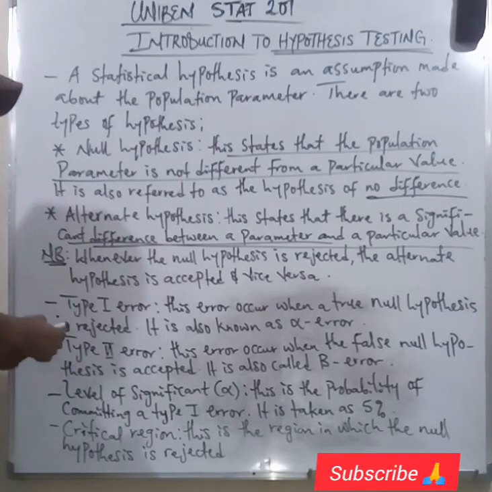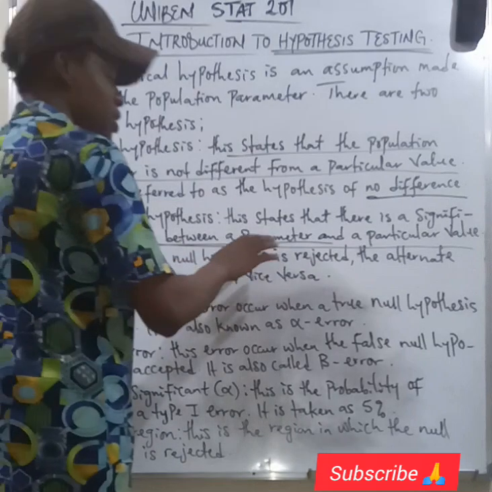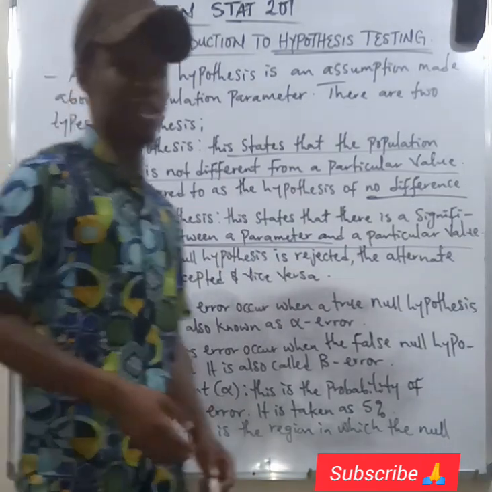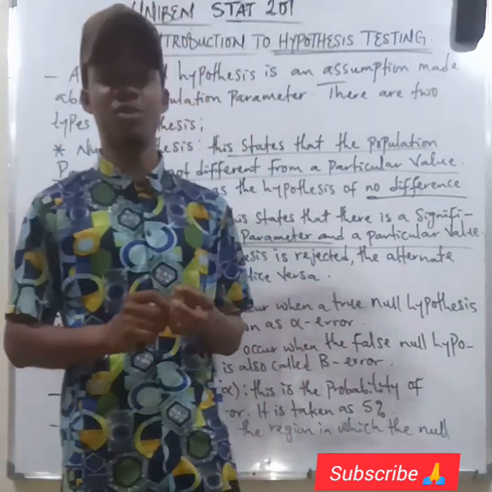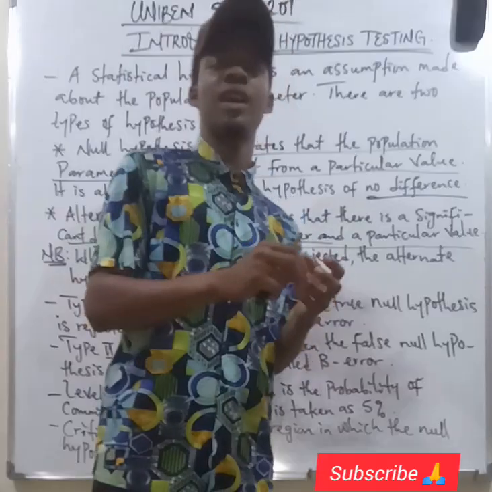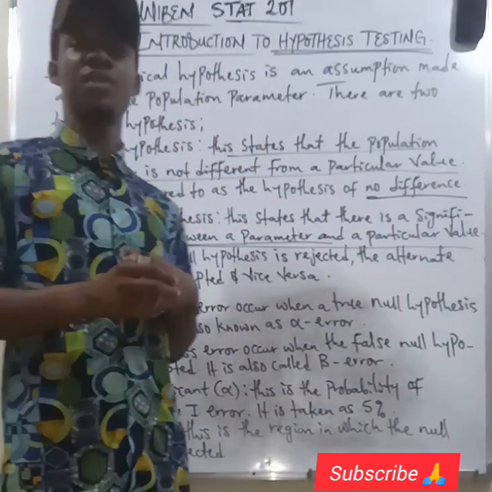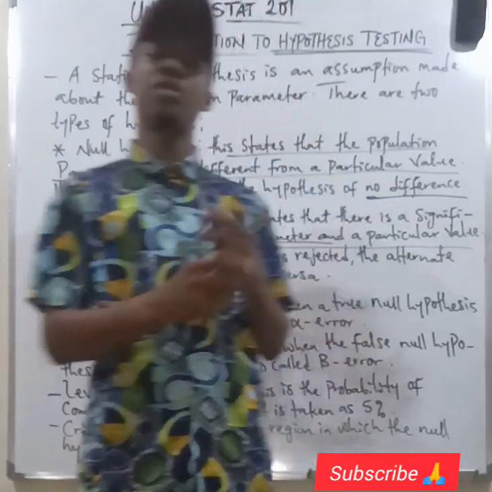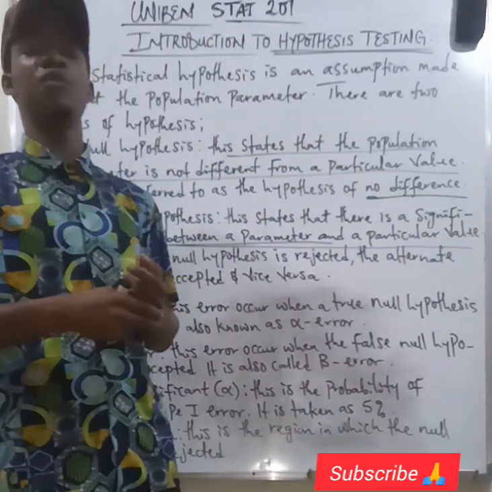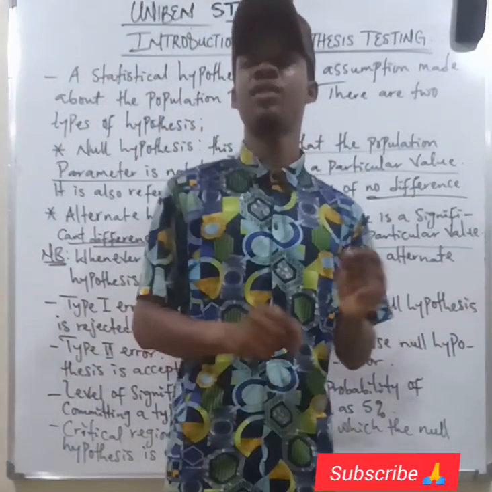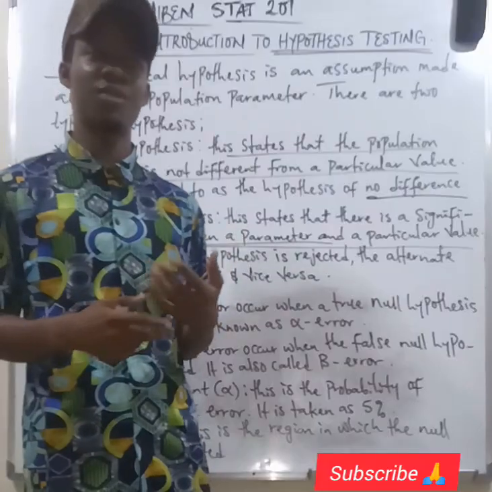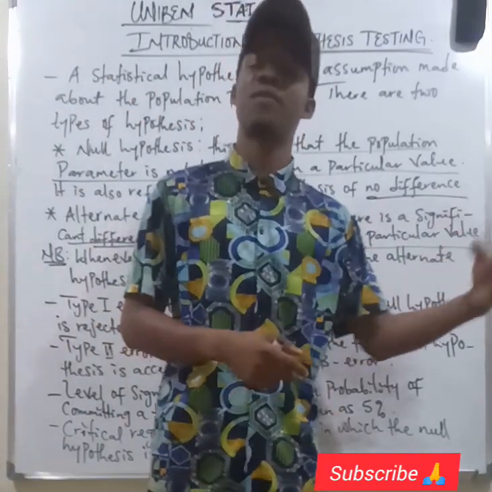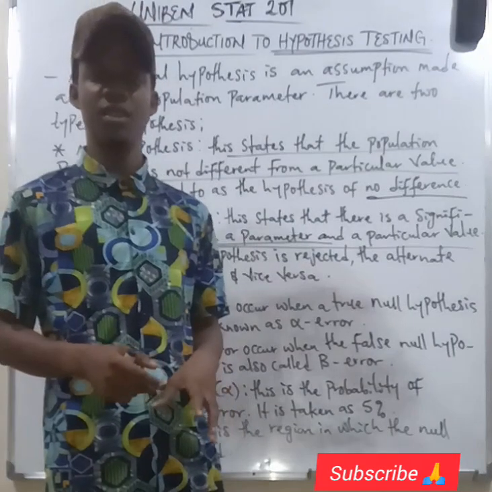Now, please take note, whenever the null hypothesis is rejected, the alternate hypothesis is accepted. If you reject your null hypothesis, what happens? You accept the alternate hypothesis. If you reject the alternate hypothesis, you accept the null hypothesis. Now, if you fail to reject, these are terms you'll be seeing in your examination. If you fail to reject the null hypothesis, it means you have accepted the null hypothesis.